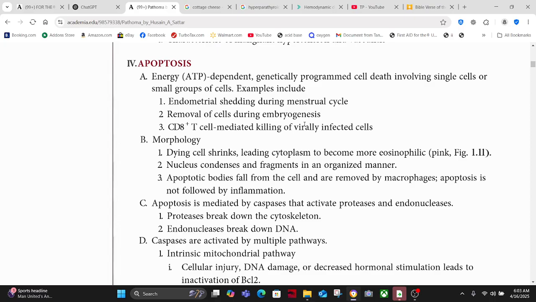Okay, and then the third point is CD8 positive T cell mediated killing of virally infected cells. So MHC class 1 will present antigen to the CD8 positive T cell, and the CD8 positive T cell kills the virus through apoptosis.